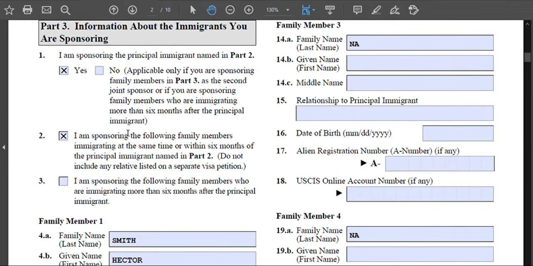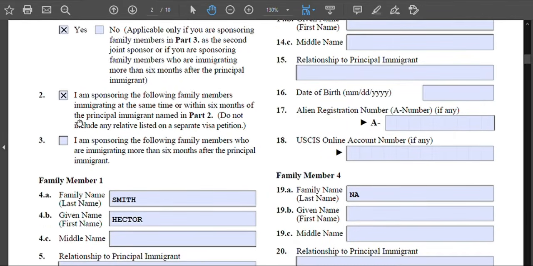And so for this very reason, you will also have to include them in this section right here. And if they are immigrating at the same time or within 6 months of the principal immigrant, this question 2 is the one that you will have to select. If the derivative applicants are coming to the United States after 6 months of the principal immigrant, then you will have to select question 3.